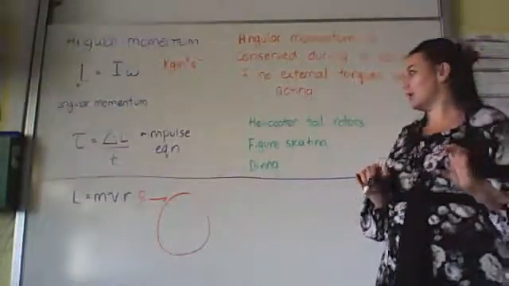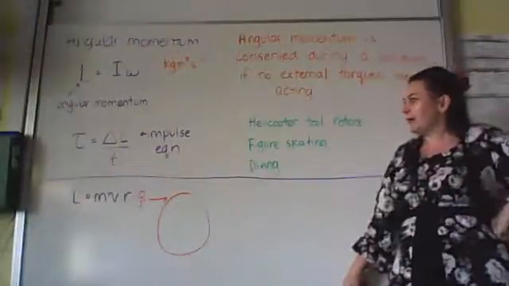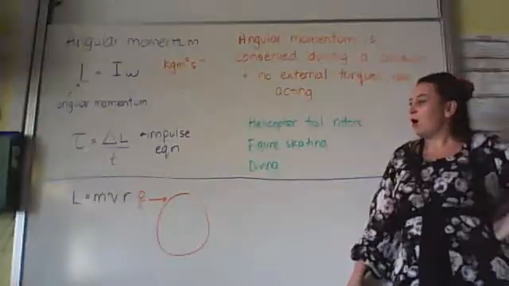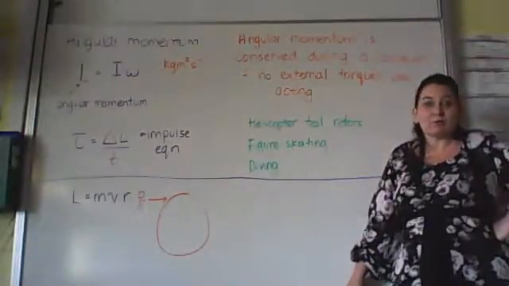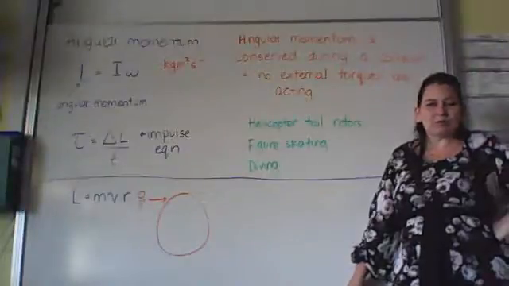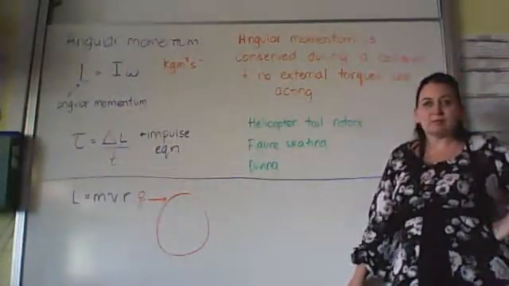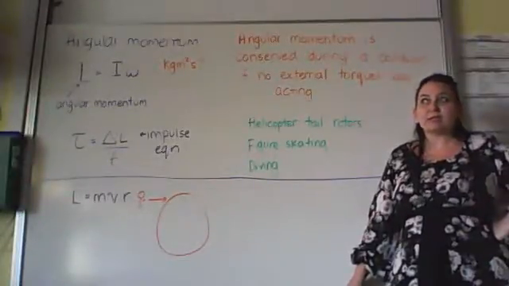Now, the last thing that we're going to have to cover in this unit is called angular momentum of a particle, and I like to think of this as pretty much just the same as what we've looked at before. We've said that theta, the angular displacement, is related to d, the linear displacement.